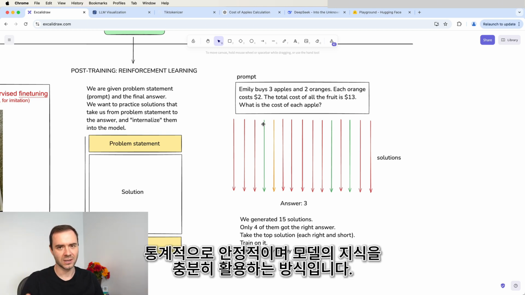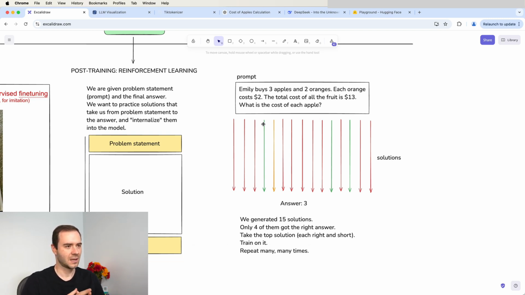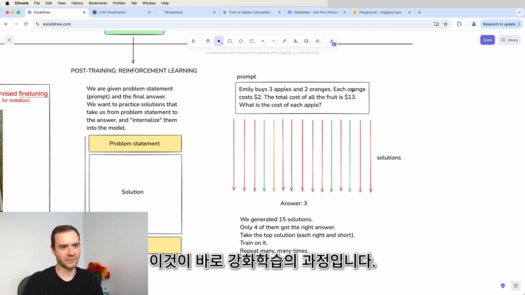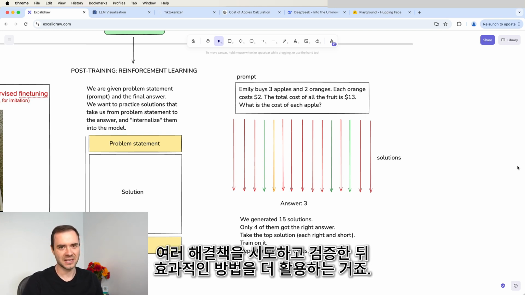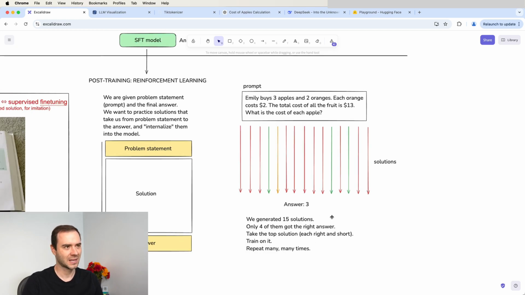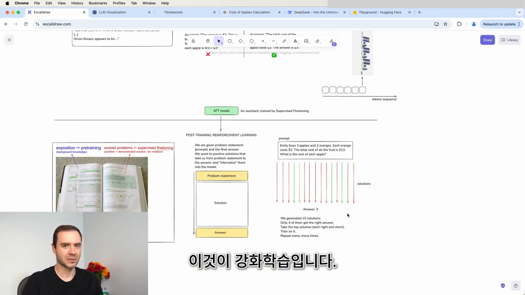They seem to work reliably and statistically, and fully utilize the knowledge of the model as it has it. And so this is the process of reinforcement learning. It's basically guess and check. We're going to guess many different types of solutions, we're going to check them, and we're going to do more of what worked in the future. And that is reinforcement learning.